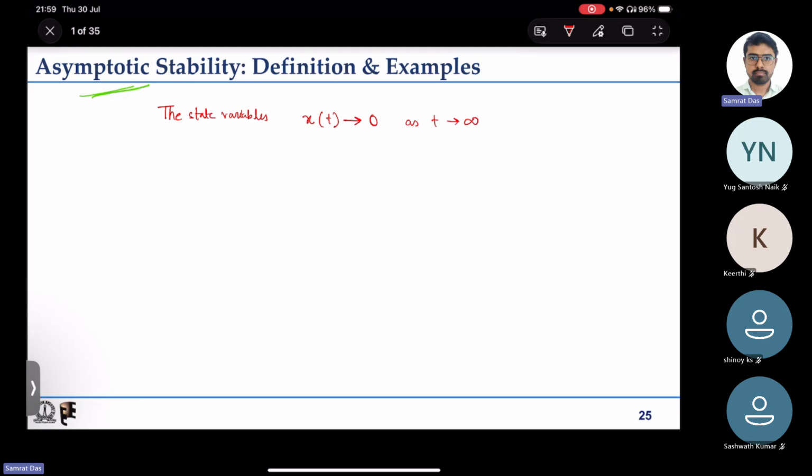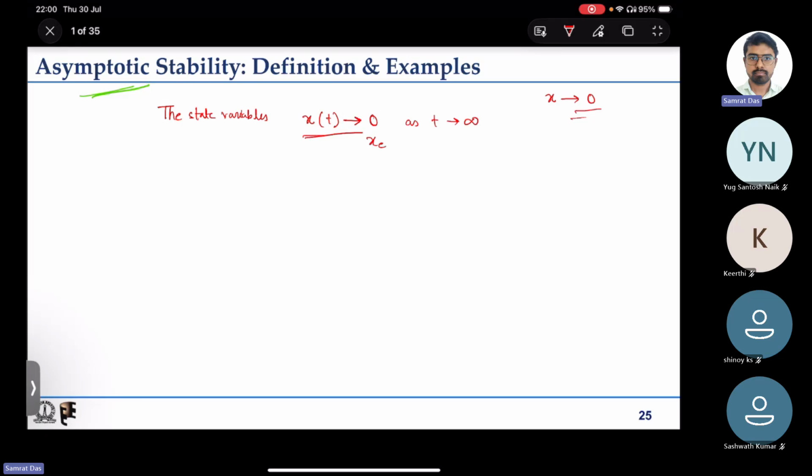So if there is some small disturbance, what I am assuming here is that the steady state equilibrium point for the state is basically 0, or more exactly, it will be some equilibrium point. x tends to the equilibrium point as t tends to infinity. In this case I have taken 0 as the equilibrium point, so that is why I have written x(t) tends to 0 as t tends to infinity.